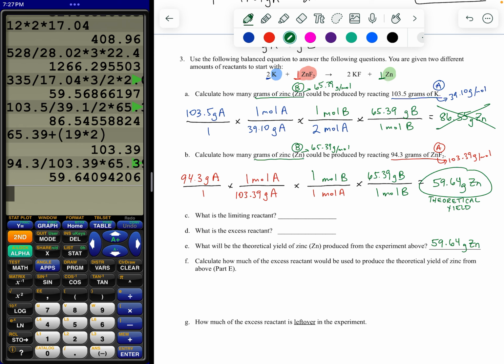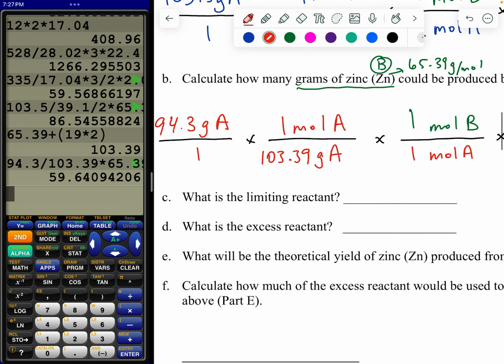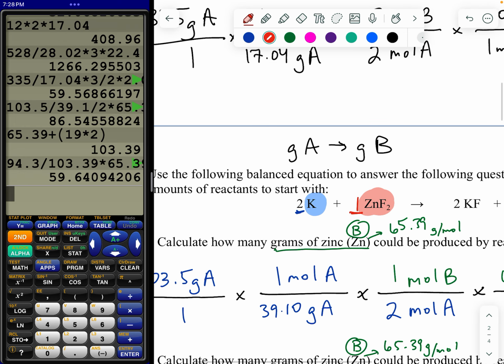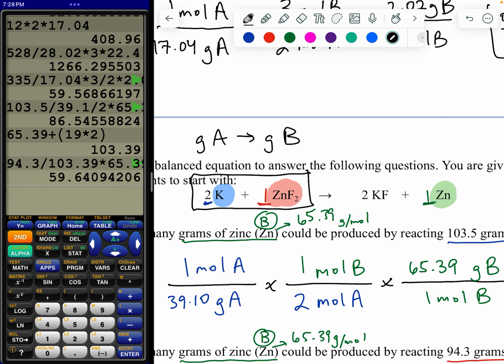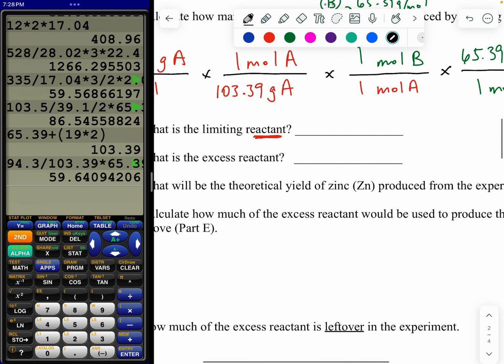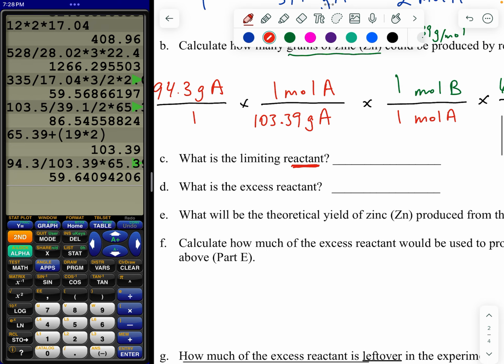And so we identify the limiting reactant. When I say reactant, I am talking about this side of the chemical equation, all right? When we talk reactants, we're talking about the left side of the arrow and those 2 substances, the actual chemical formulas. So when I go down here, I know that my limiting reactant was our zinc fluoride, right?